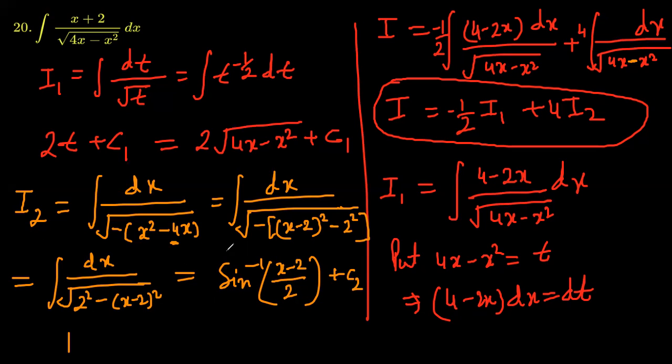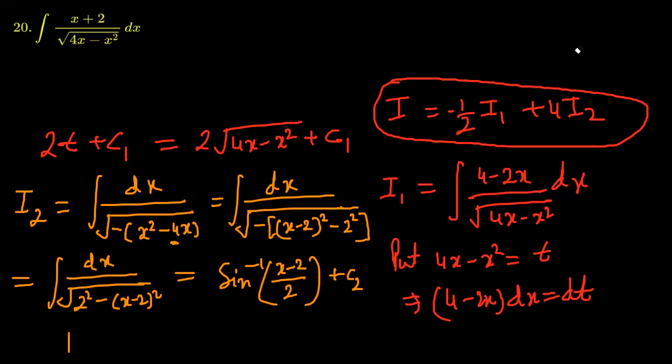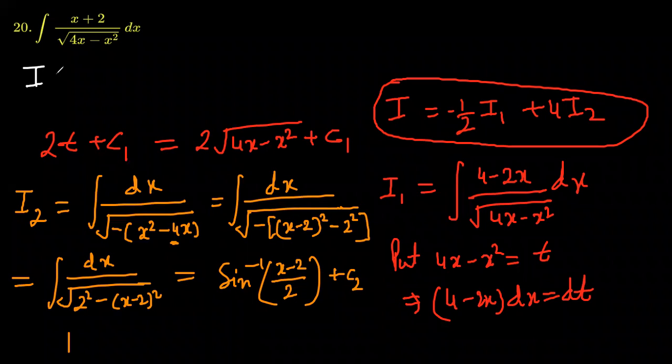Now we got the values of I1 and I2 to write our final answer. We need some space there. Okay, so we want to write our final answer here. Our answer should look like I is equal to negative half of I1.